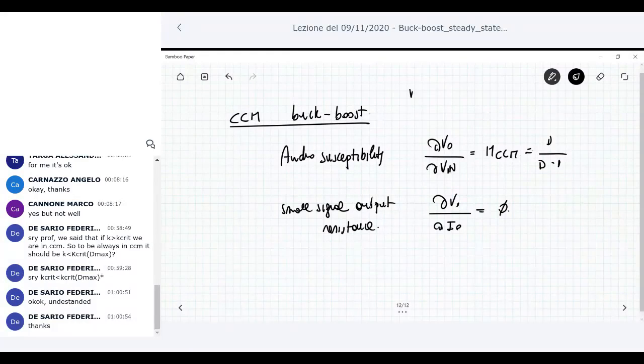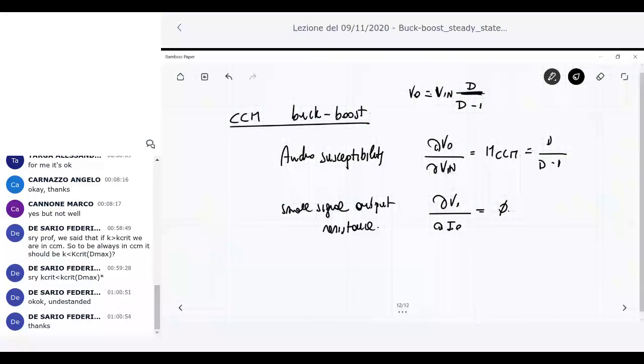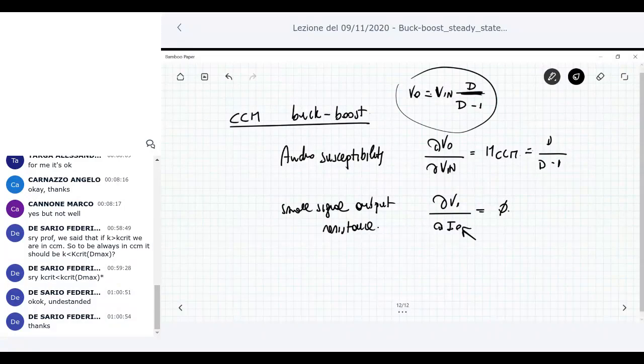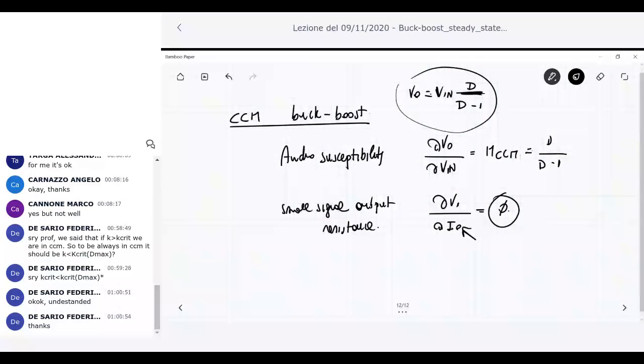The output voltage is simply V naught, which is V in multiplied by D over D minus 1. So the resistance R and the output current I naught are not included in this expression. If you take the derivative of this expression in terms of I naught, you get 0. So that means that it's a good regulator of the output voltage.